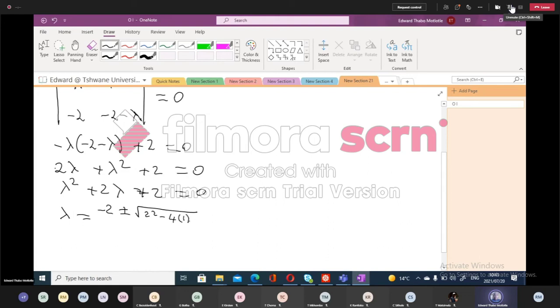Is 1, my c is 2, all over 2 multiplied by 1. And this simplifies to minus 2 plus or minus the square root of 4 minus 8 all over 2.